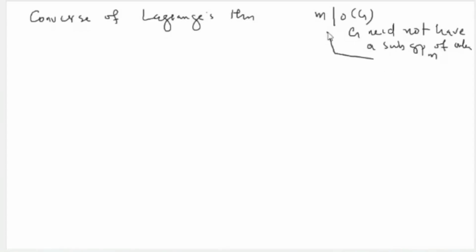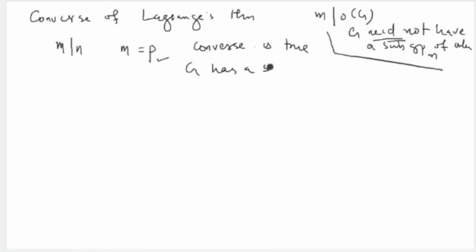Lagrange's theorem says every subgroup has order dividing the order of the group, but the converse is not true in general. The converse is true if the divisor m dividing n is a prime number. That means the group G has a subgroup of order p.